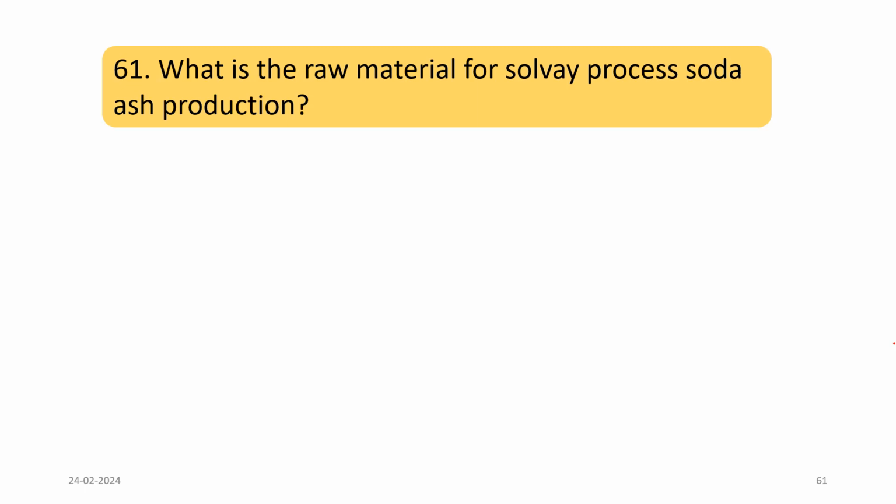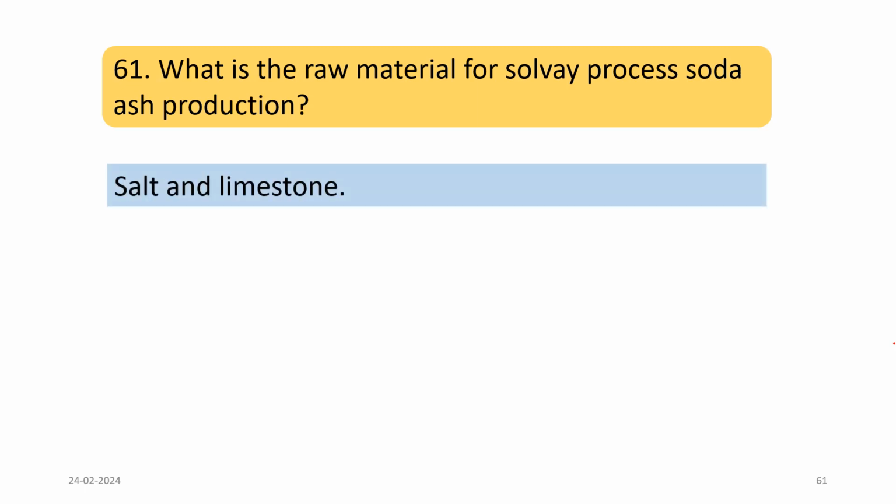Ammonia is also supplied, but mainly it is salt, that is NaCl, and calcium carbonate, limestone, CaCO3, which are the main materials for the Solvay process. The Solvay process is very important to come in the exam. So study it very carefully: the equations, the advantages, disadvantages, the properties, then the flow sheet.